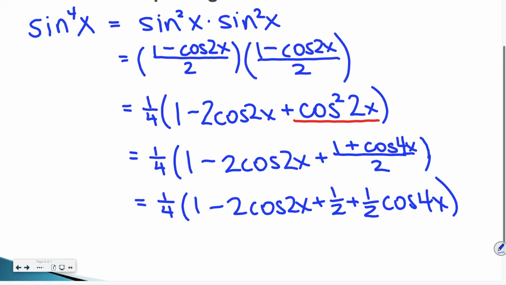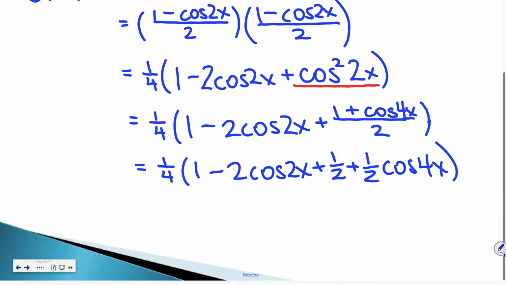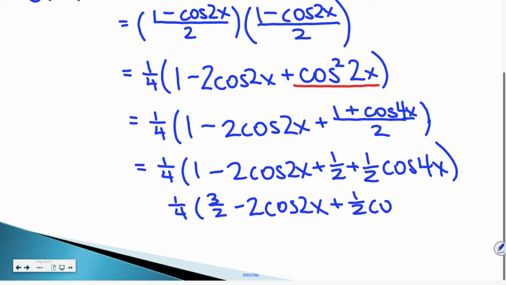Okay, so I took that fraction and broke it apart. And what is 1 plus 1/2? 3/2. What is the second 1/2? Oh, the one. They both are over 2, so we have to keep both of them over 2 when we break it apart. So we have 1/4 times 3/2 minus 2 cosine of 2x plus 1/2 cosine of 4x.